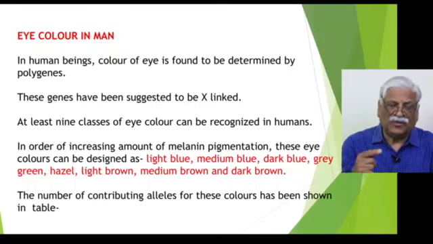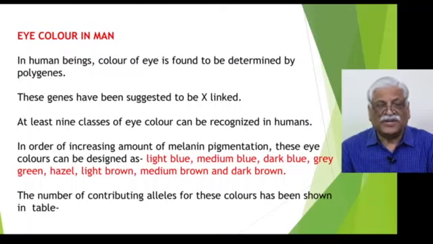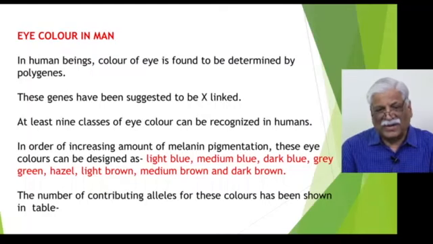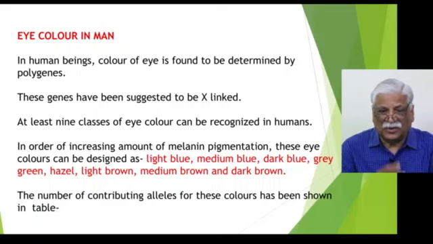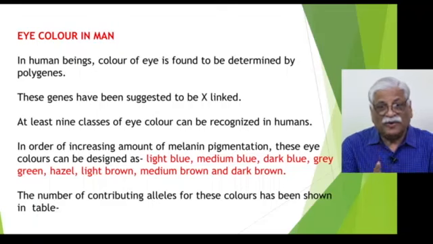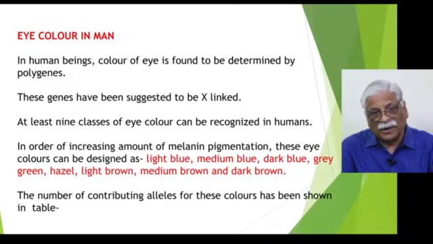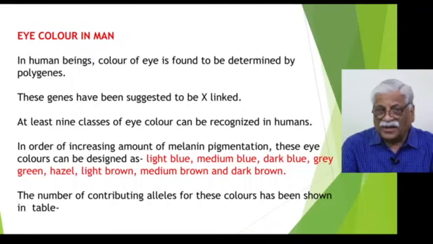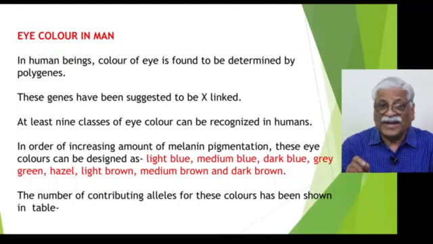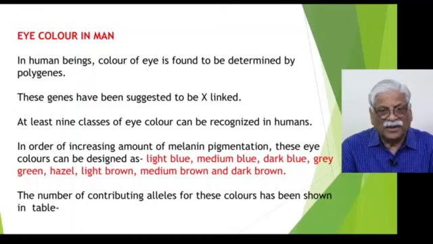If the Y chromosome is present anywhere, then the child will always be male. But if the X is in combination with another X and Y is totally absent, in that case the child will always be female. So very interestingly, the eye color of a man is always associated with the X chromosome.